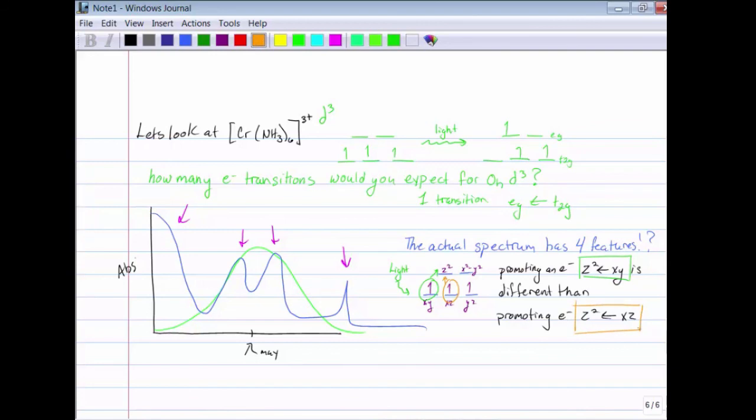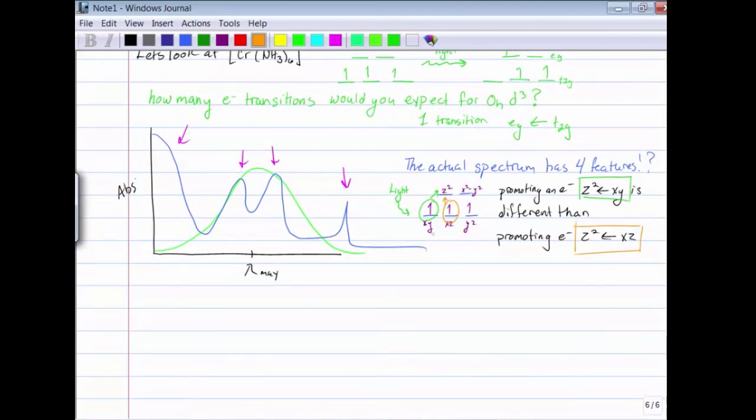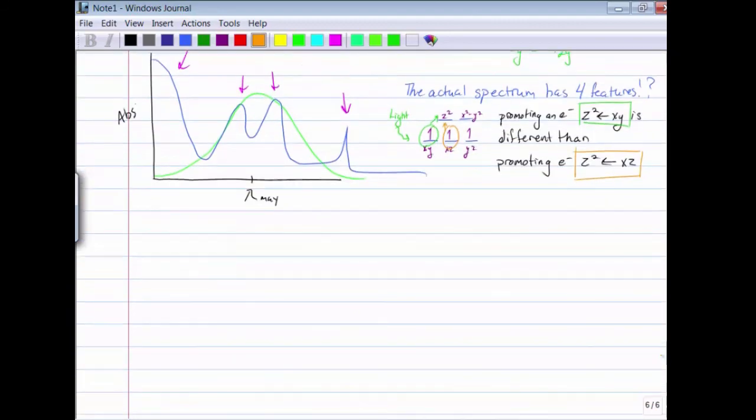And the reason that this is the case is because electron repulsions between electrons in different orbitals are different, or they're not equivalent because of symmetry. So when you have, let's say, z squared full and then xz and yz are empty, they're going to have different relationships than when you have z squared and you have xy and yz full.